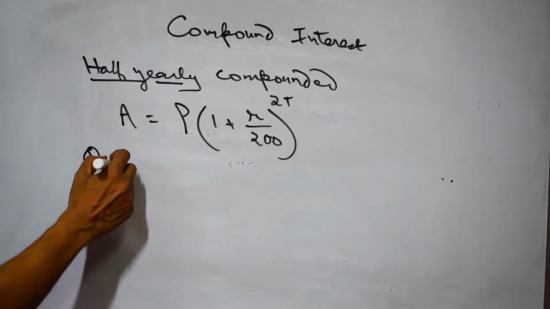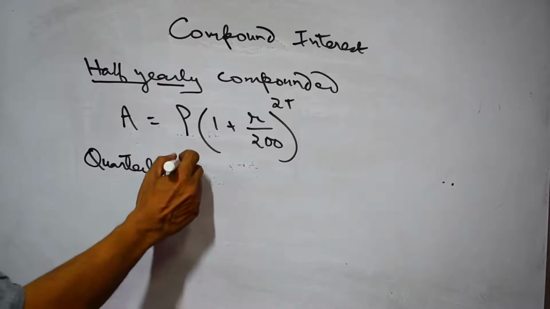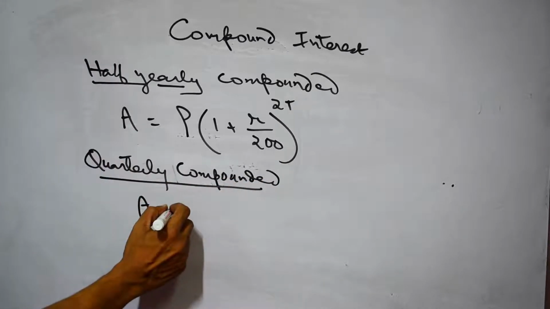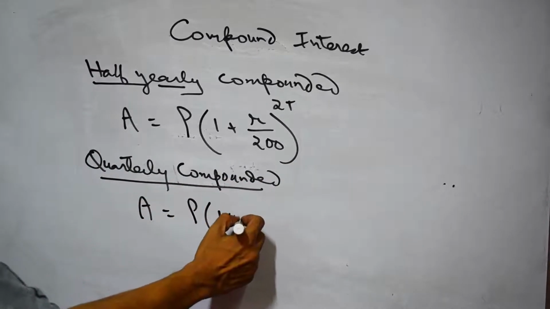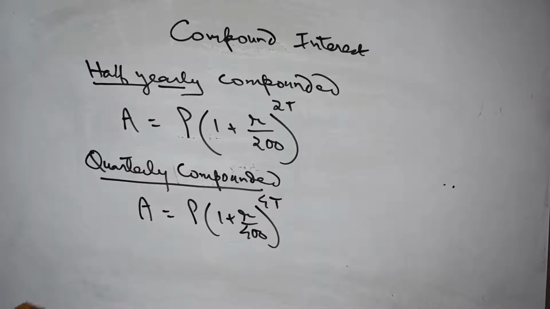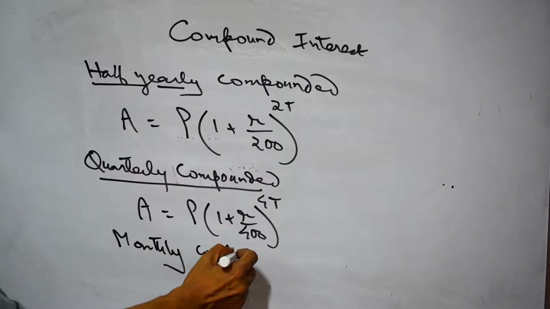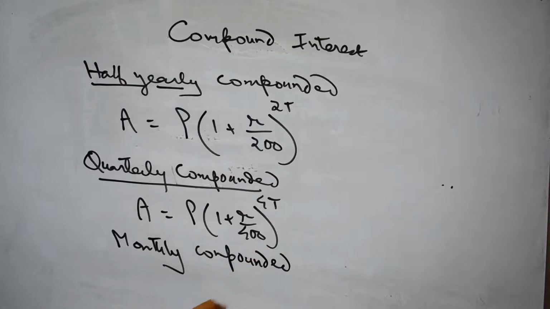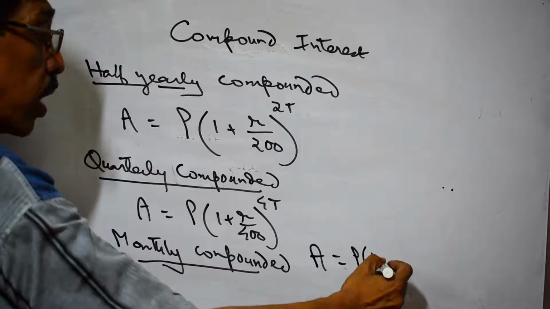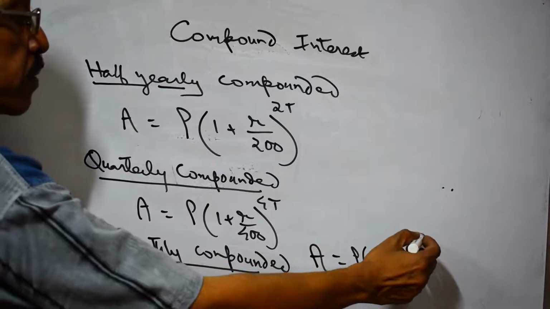Whereas if it is quarterly, that is 3 months interest, quarterly compounded, then the formula is amount finally P into (1 plus r by 400) to the power 4t. And of course, if it is monthly compounded, that is every month the interest is calculated, then the final amount will be P into (1 plus r by 1200) to the power 12t.